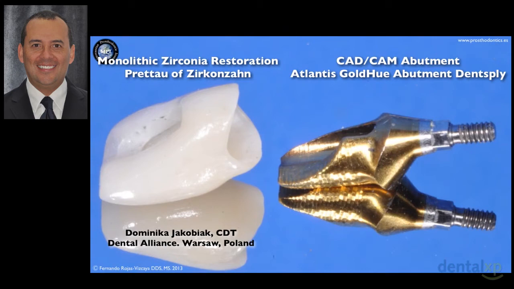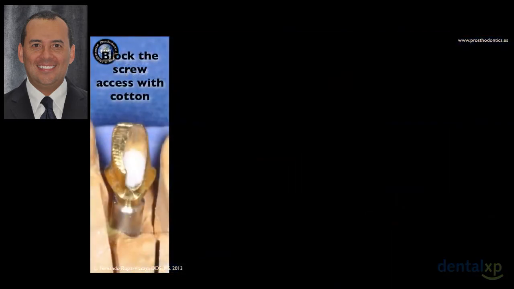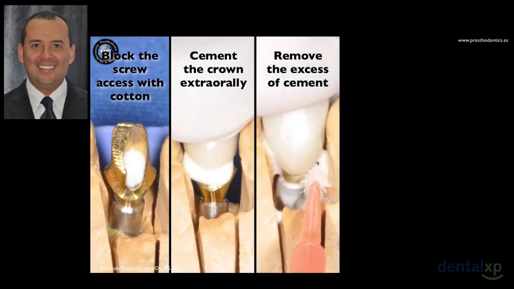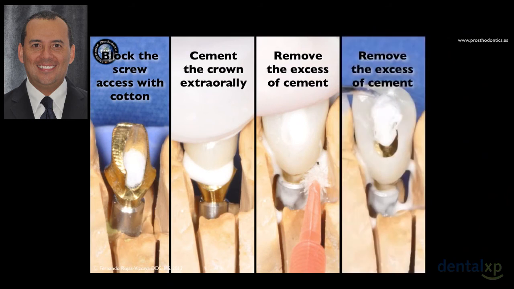This is the Pretau from Zirconsan. And I make the extraoral cementation. I just screw the abutment in position and cover the access of the screw with cotton or any material. Now cement the crown. I apply the cementation material, compress the crown, and now remove the excess cement, and you clean it perfectly.